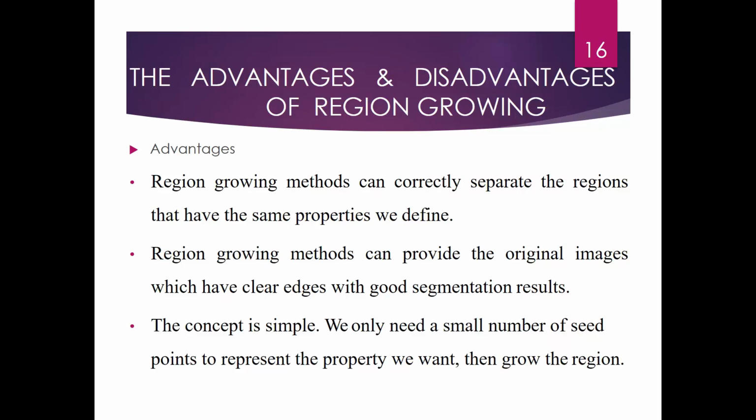The advantages and disadvantages of region growing methods: they can correctly separate the regions that have the same properties we define, because the predicate is defined by the user. Region growing methods can provide good segmentation results for original images which have clear edges. The concept is simple. We only need a number of seed points to represent the property we want, then grow the region.